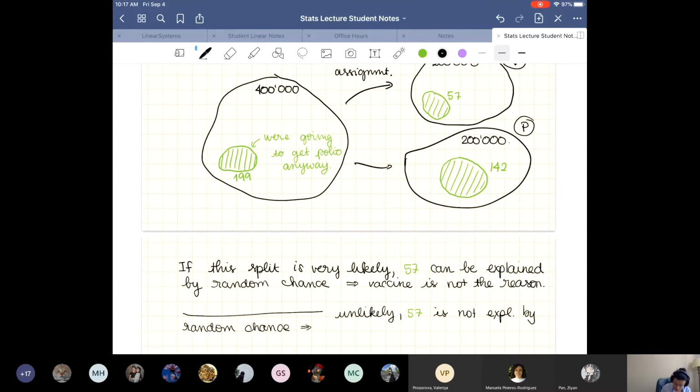And so it must be the vaccine that caused this number to be so low. My writing here is horrible, but you get it.